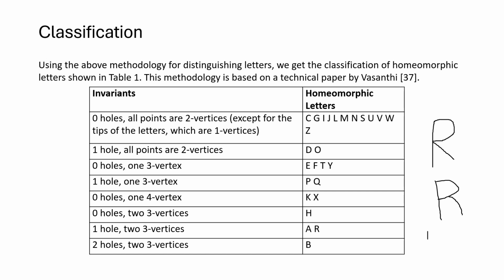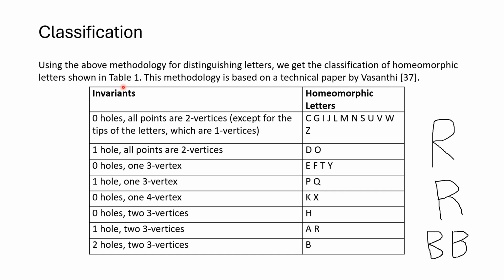If we drew it where you came in and then went out sharply like that, then this would be a 4 vertex, but we drew it sort of like the R, where we came in here and then came out there again. So that's just a 3 vertex. So these two are not topologically equivalent, and we've chosen this one in the font type that we selected. Okay, so there we have it.